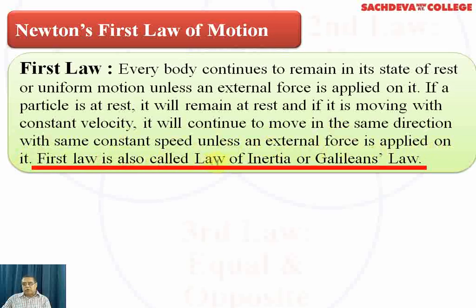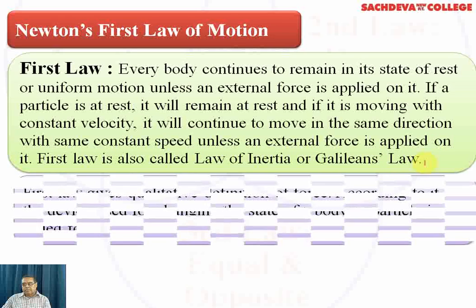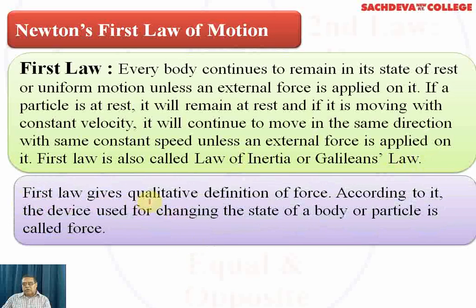The first law is also called the law of inertia or Galileo's law. The first law gives the qualitative definition of force. According to it, the agent used for changing the state of a body or particle is called force, or force is an agent which changes or tends to change the state of rest or the state of motion of the body.